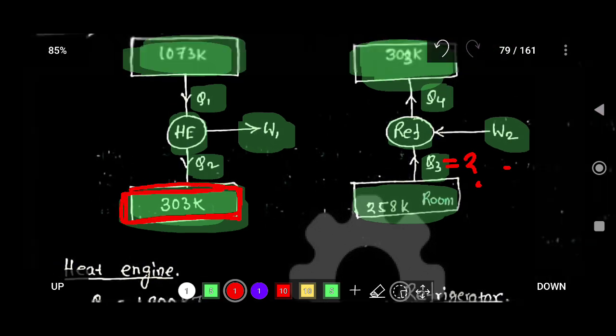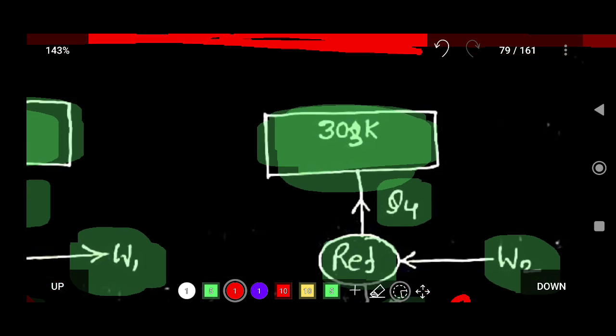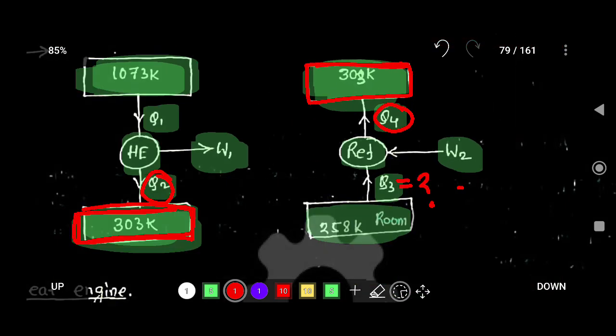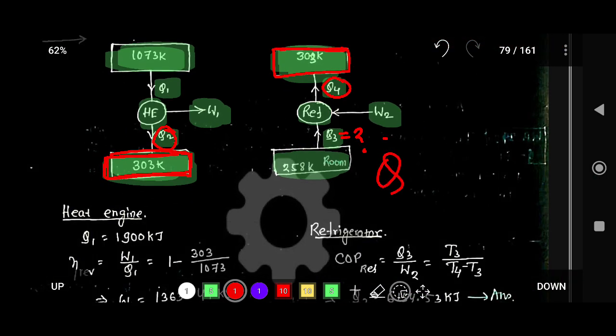Q2 amount of heat is supplied to this reservoir, and Q4 amount of heat is also transferred to the same 303 Kelvin reservoir. So you have to find out the value of Q2 plus Q4. These two values you have to find out.